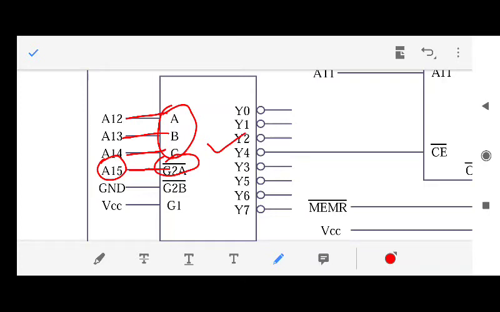For that, this pin should remain 0, this pin should remain 1. Since we have no more signal left, we have permanently connected this signal to ground. Ground means 0, and we have permanently connected this signal to supply, that means 1. So this will remain 0, this will remain 1. That means the decoder will remain active.